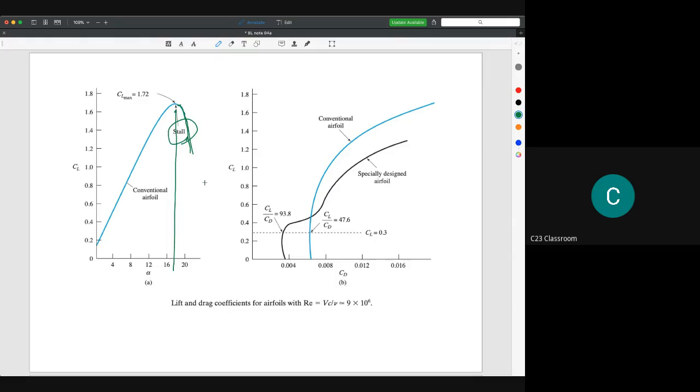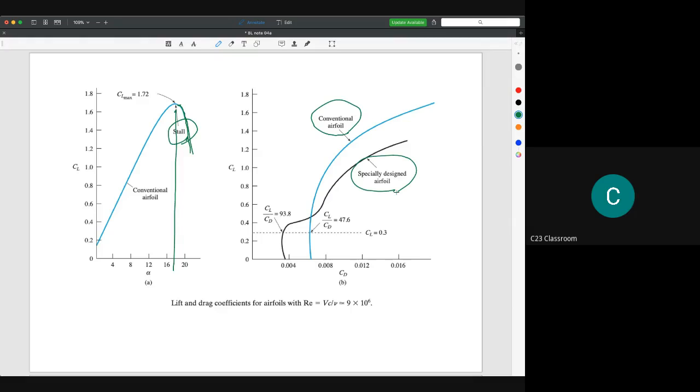And then for the airfoil, we have the conventional airfoil. Normally a conventional airfoil is stated as NACA 0012 or other NACA numbers, but sometimes we have a special design airfoil, which might be a little bit different.